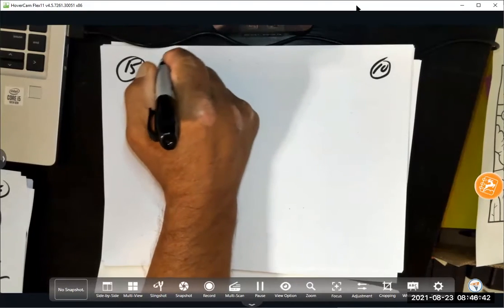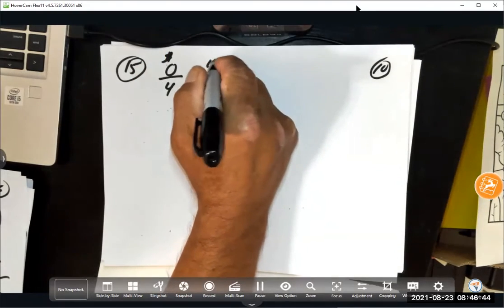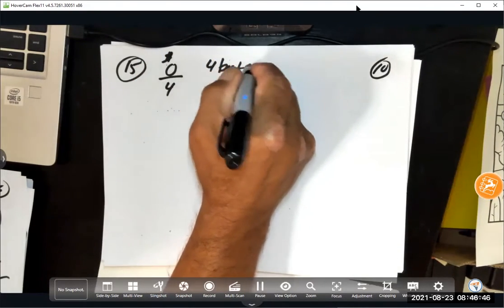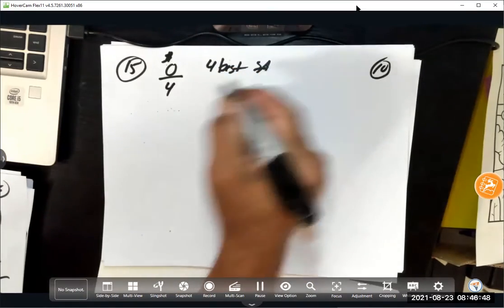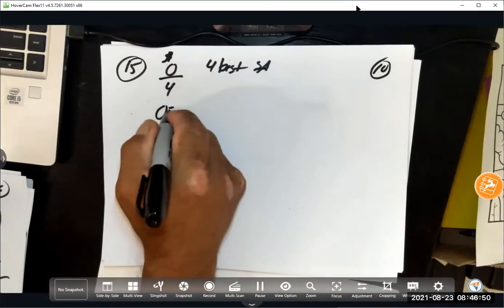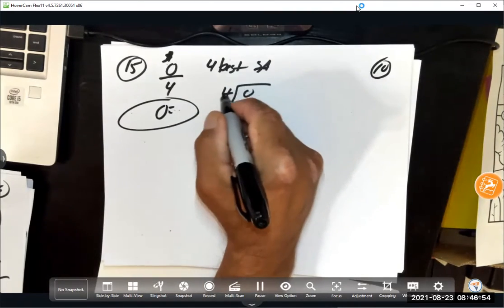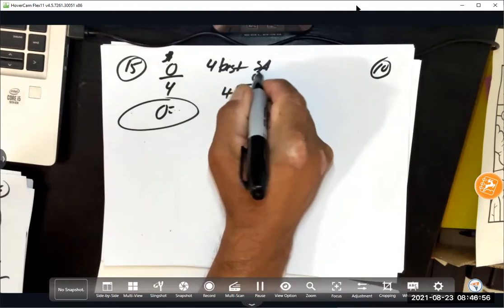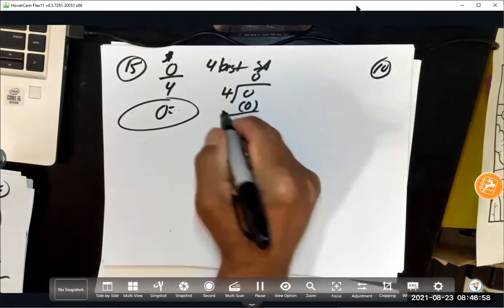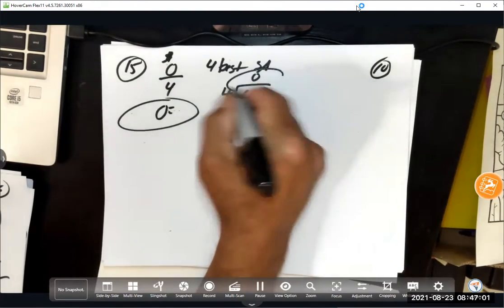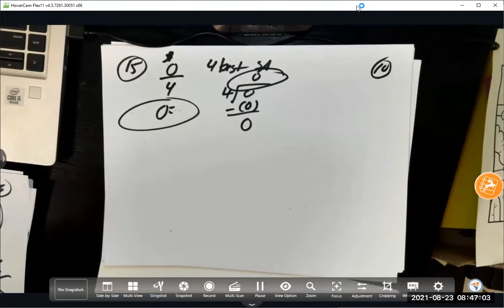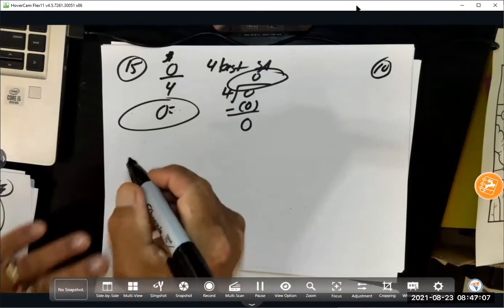You have $0 divided among your 4 best friends in San Antonio. All right, so 0 divided by 4 is going to be 0. And I'll show you the way you did it a long time ago. 4 divided into 0: 4 times 0 is 0, and 0 take away 0 is 0, so the answer is 0. So 0 divided by 4, if 0 is on top, it's good. You just write 0, okay?